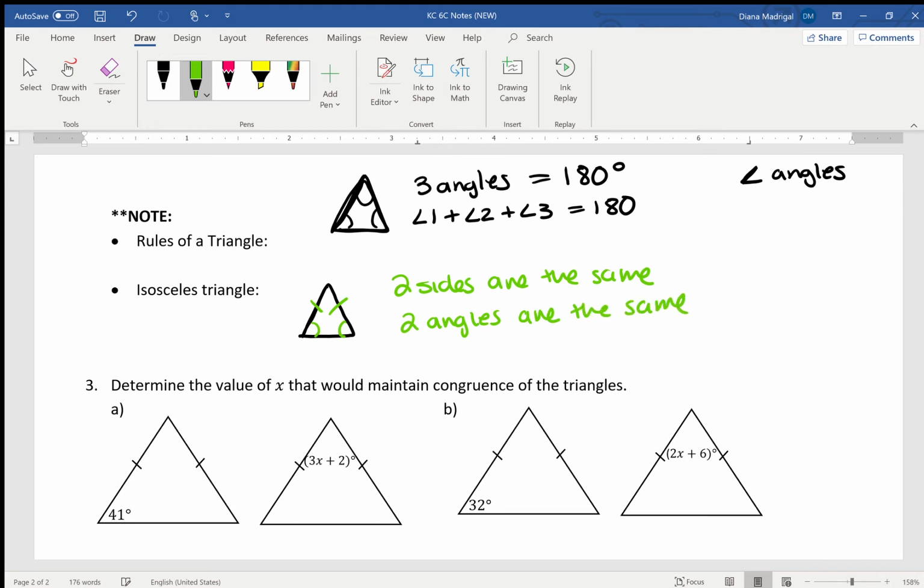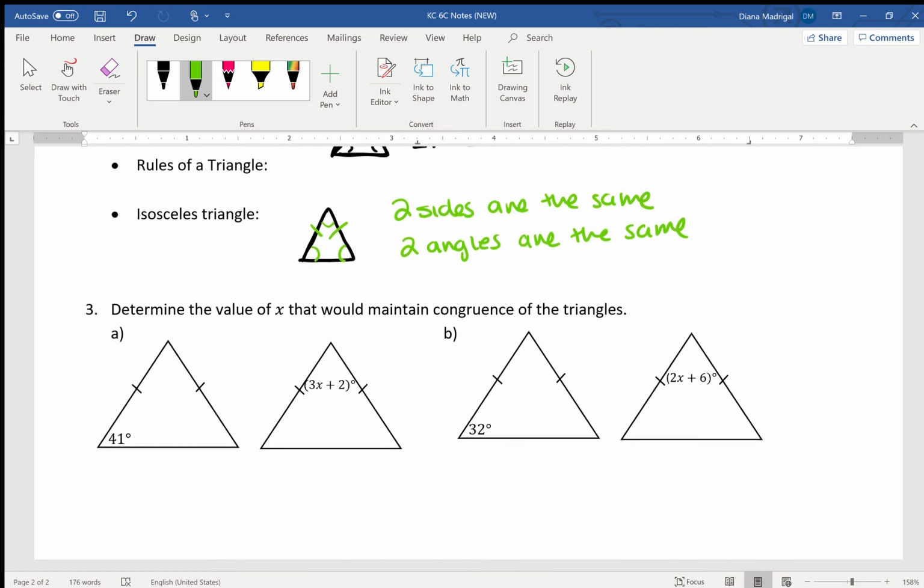The other angle is still part of the triangle, but we know that it has to equal 180. So it doesn't matter what kind of triangle you have, they equal 180 no matter what. For isosceles triangles, just remember that those two angles are the same.